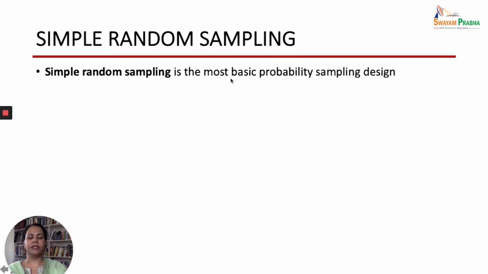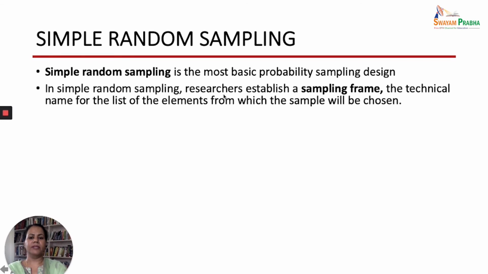Simple random sampling is the most basic probability sampling design. In simple random sampling, the researcher establishes a sampling frame. Now, what is a sampling frame? A sampling frame is a list of all the subjects of the population.